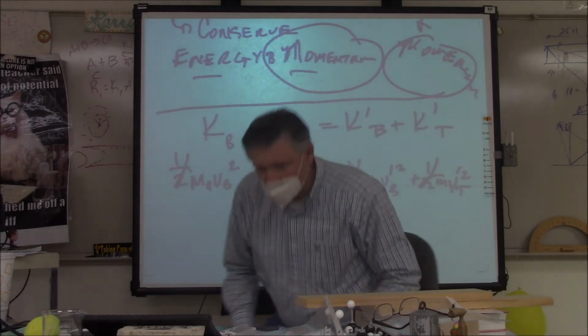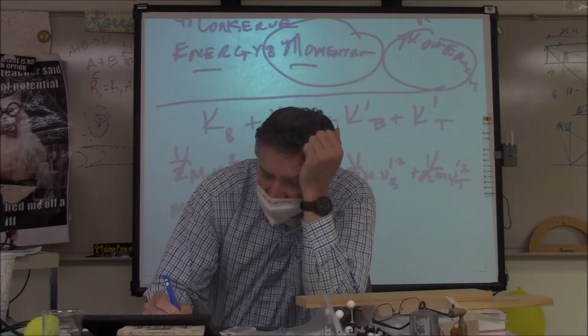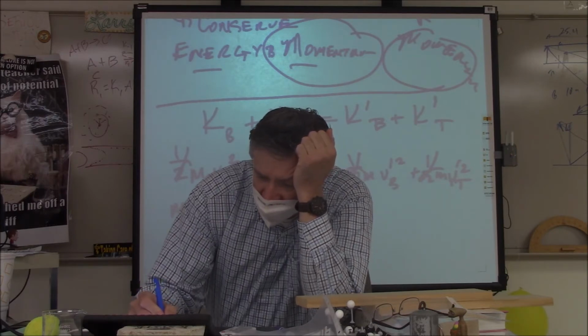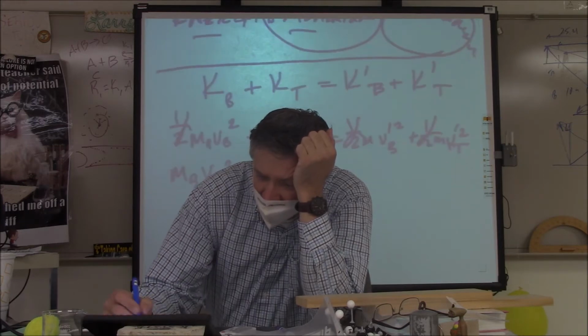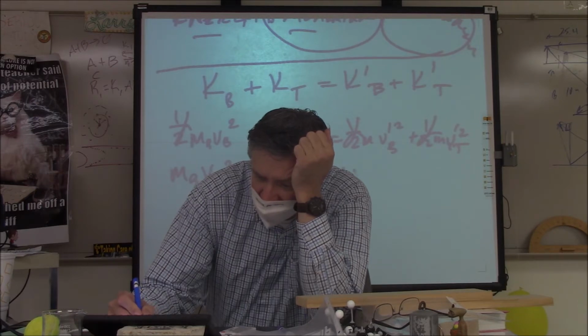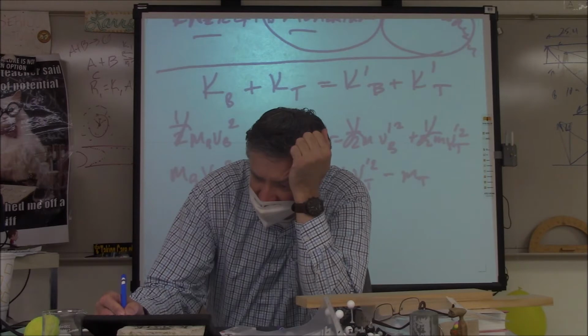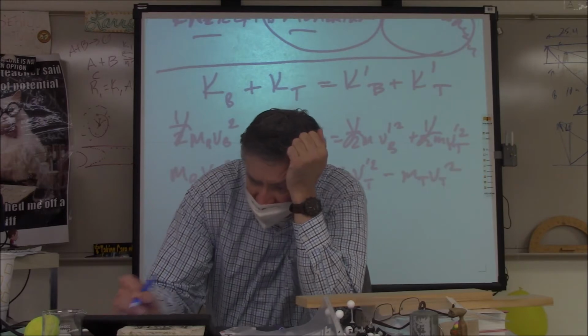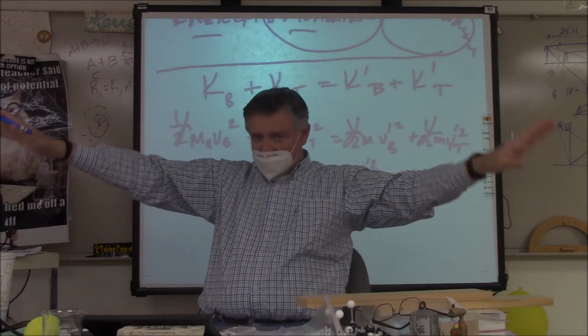So I'm going to have the mass of the bullet times the velocity of the bullet squared, minus the mass of the bullet times the new velocity of the bullet squared. That's going to equal the mass of the target times the new velocity of the target squared, minus the mass of the target times the original velocity of the target squared. All I did was combine the terms.